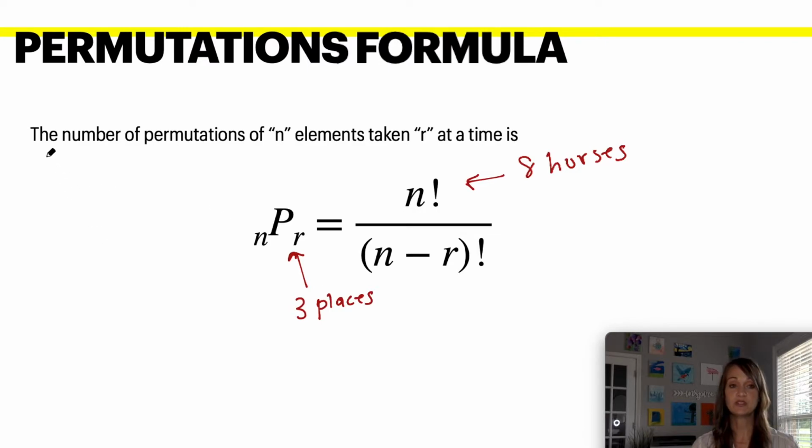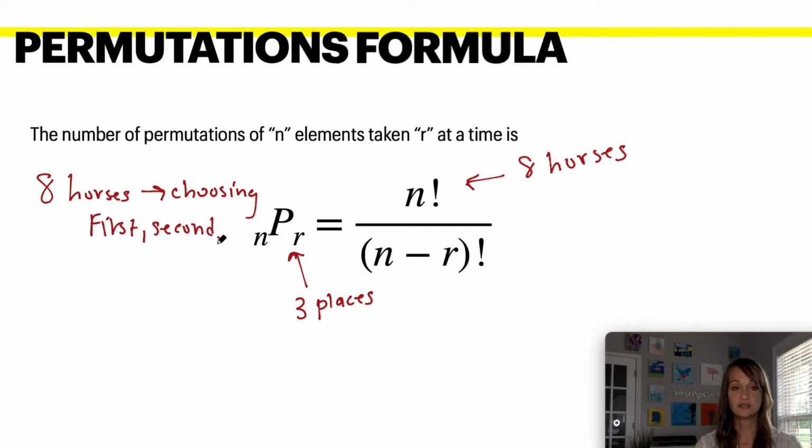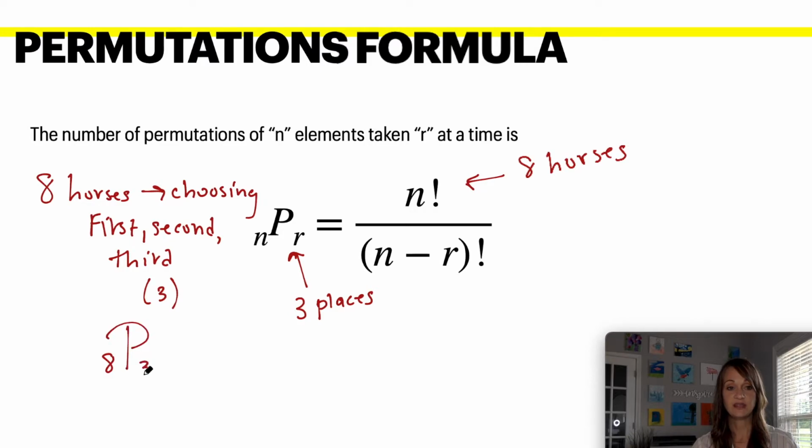So in the previous problem with the 8 horses, we are choosing first, second, and third. Therefore, we are choosing 3 spots. So we have 8 P 3: 8 horses, choosing 3 spots.